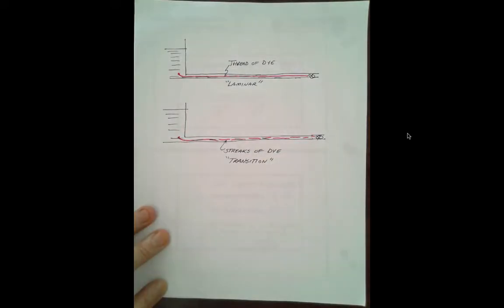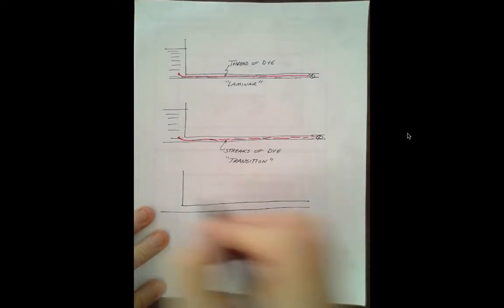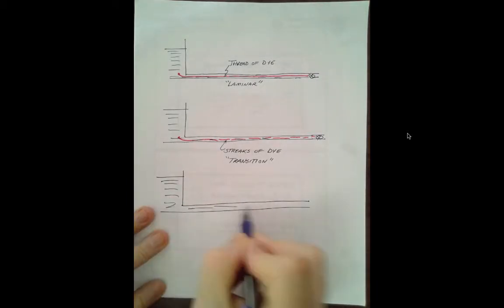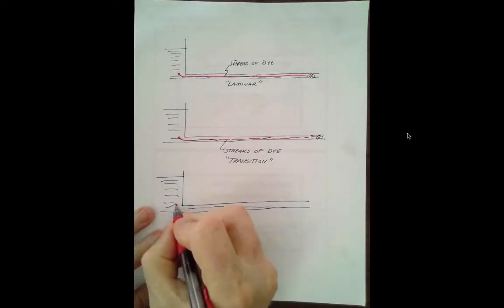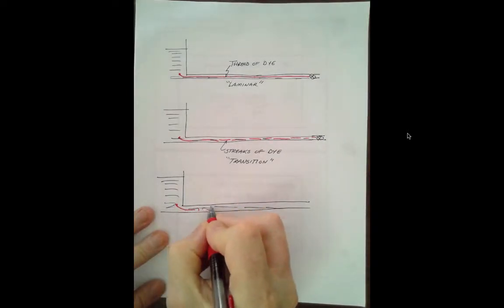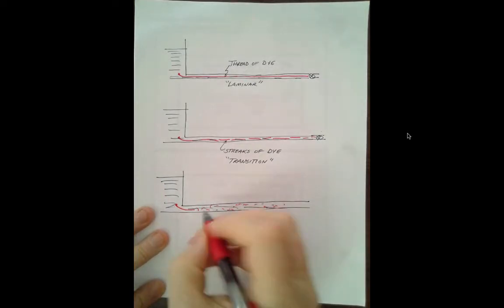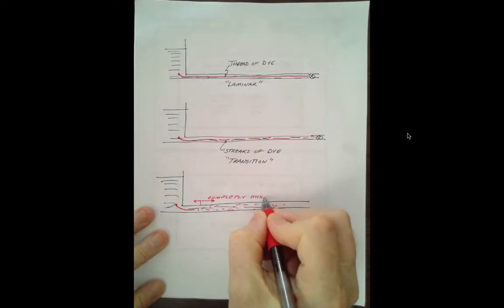And then the last type of flow, when you just open the valve all the way and let her rip, so to speak. The dye would go there and it would break up and basically get completely mixed in a very short distance.